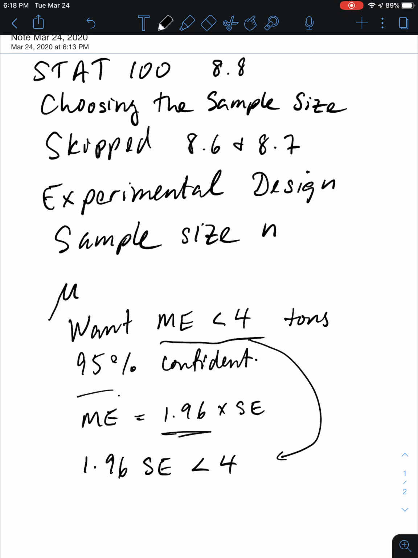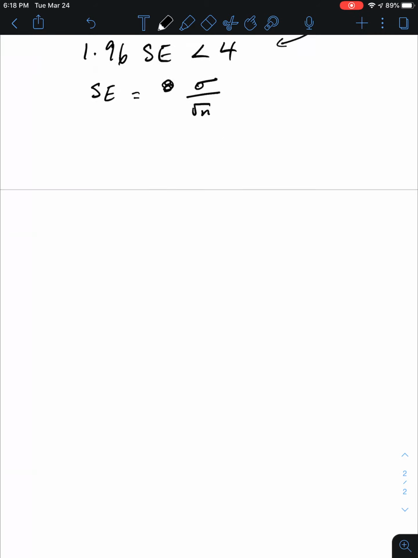Now we substitute our formula for standard error. We know that standard error is, let me use sigma in this case, sigma over the square root of n. Okay, so combining those previous two tells us that 1.96 times sigma over the square root of n has to be less than 4.